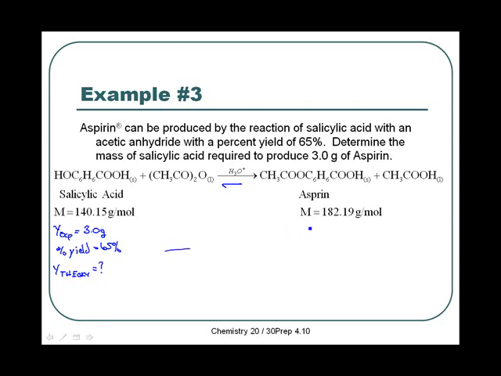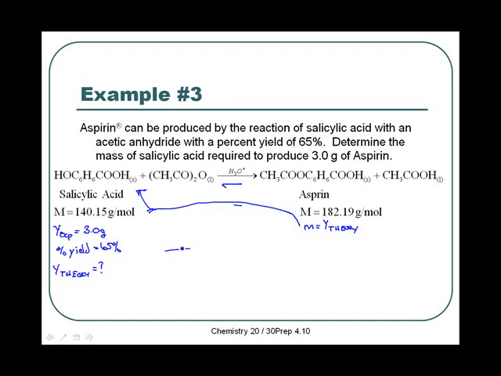Once we do, that's going to tell us this mass. This mass is our theoretical yield. Once we get that, we can go back and find the mass of our salicylic acid. So now we have a little bit of a plan.